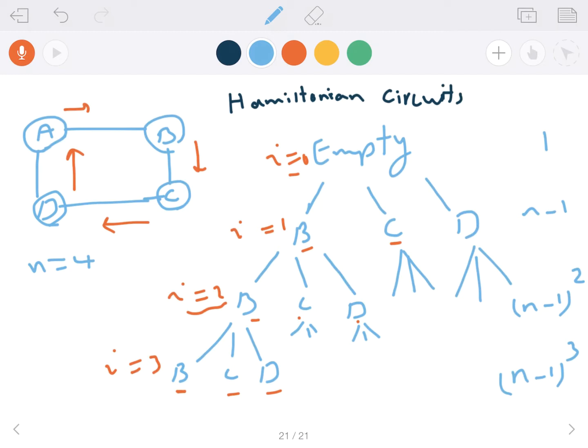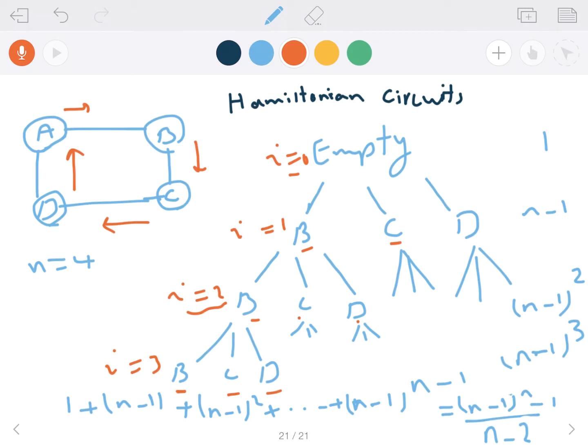Okay, and if we write all of these together, the number of nodes in this Hamiltonian circuit tree for this problem is equal to ((n minus 1) to the power n minus 1) divided by (n minus 2).